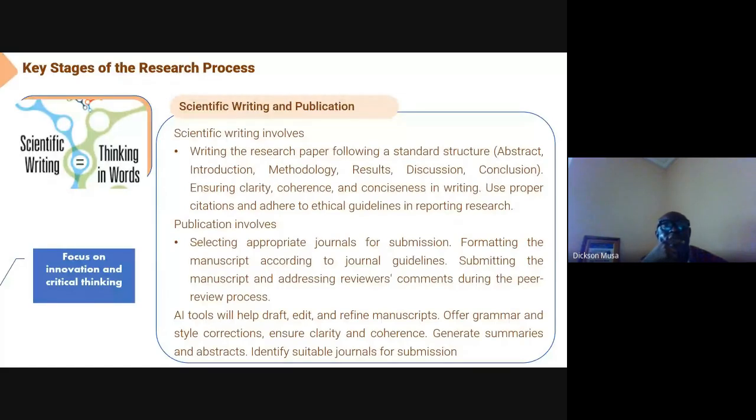The last important stage is scientific writing. Again, let me repeat here. When I use the word scientific writing, I'm not talking of writing for scientists alone. I'm using it to mean all forms of academic writing. So when I talk about scientific writing, I'm referring to all forms of academic writing.